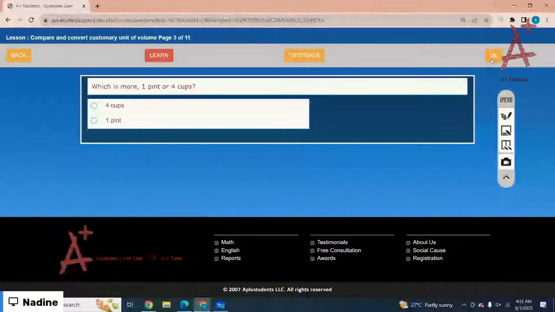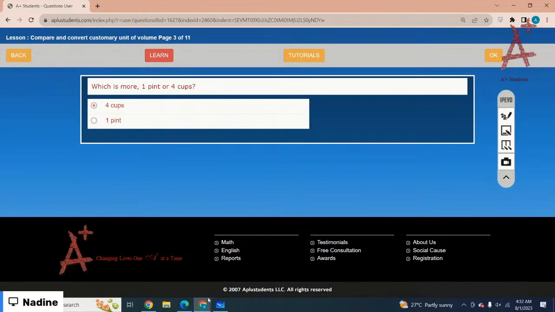Which is more, 1 pint or 4 cups? Which is the correct option? The correct option is 4 cups is more than 1 pint, right?